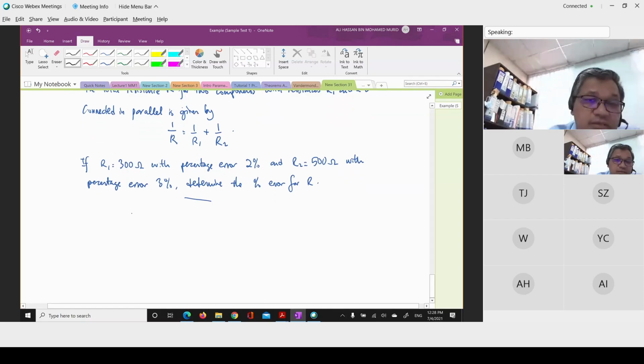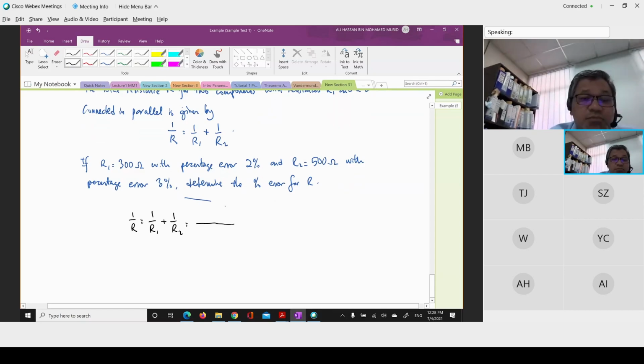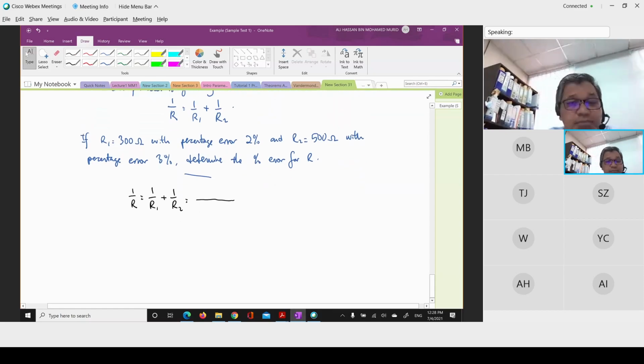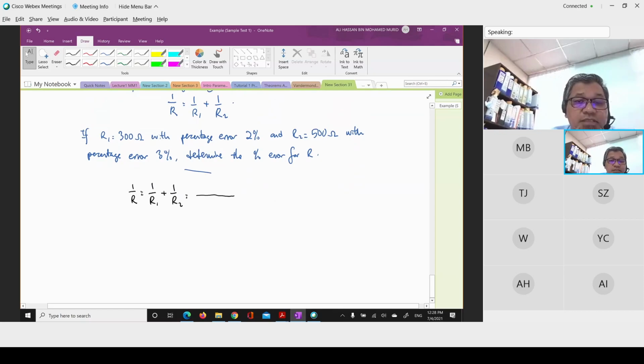Okay, we have 1 over R equal to 1 over R1 plus 1 over R2. We want to work with R, isn't it? So let's solve for R. We first express 1 over R1 plus 1 over R2 as a single fraction.